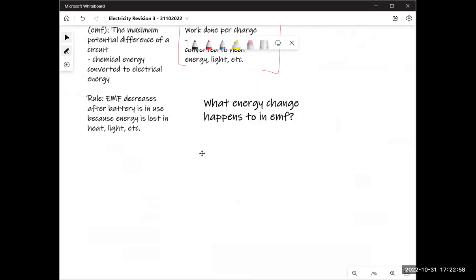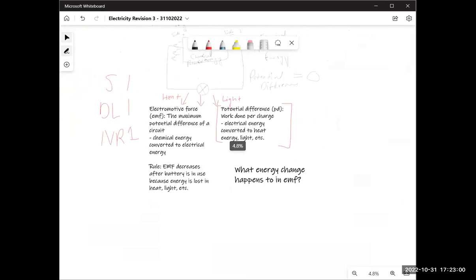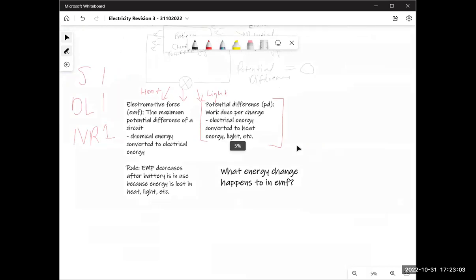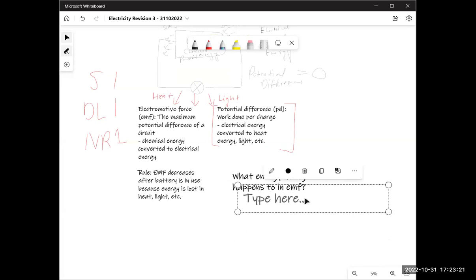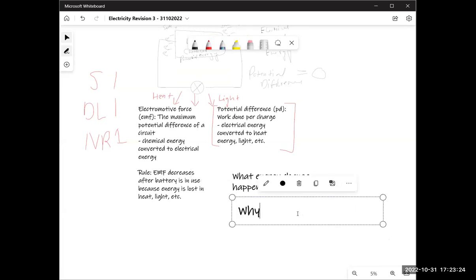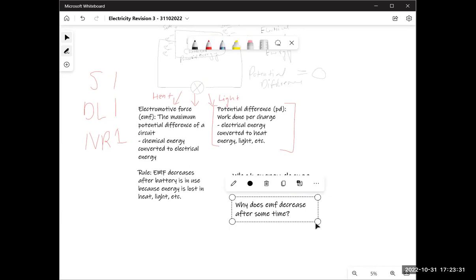Okay, that's correct. Was that Najla who answered? Yes, Najla answered. Sumaya, where's your answer? I didn't hear the question properly. The question is, why does EMF decrease after some time?